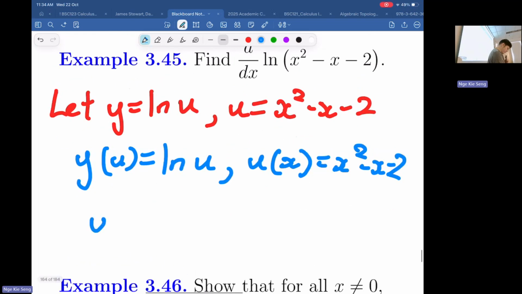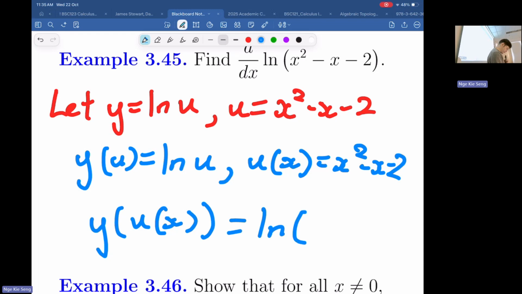So we really are working on composite functions, which is the ln of x squared minus x minus 2.